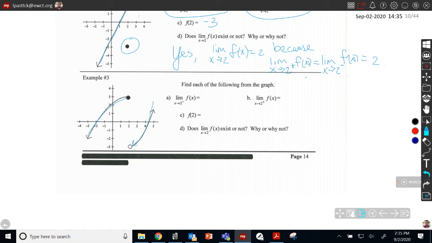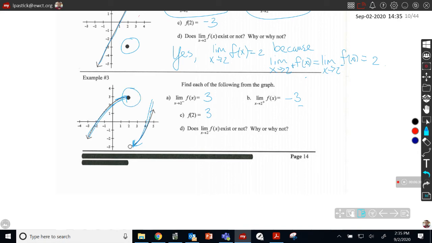So we're going to put a 3 here as we approach from the left. We're approaching 3. Remember, it's the y value. And we're going to put negative 3 here because as we approach from the right, we're approaching negative 3 for the y value. F of 2 is going to equal positive 3 because that's where the dot is.